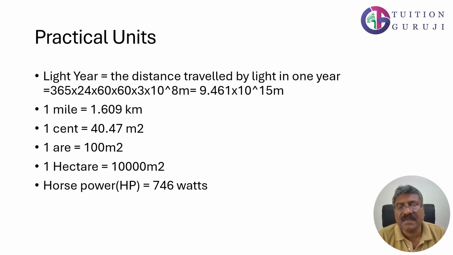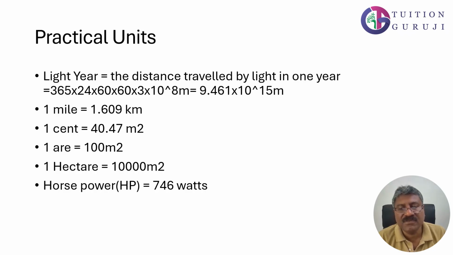Now let us see some practical units which are not part of the SI system of units, but are practically used and can be converted into SI units. One light year. Light year is the distance traveled by light in 1 year. That is 365.25 × 24 × 60 × 60 × 3 × 10^8 meter, that is the speed of light.